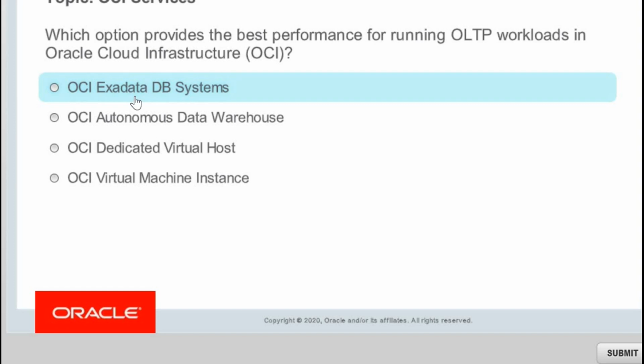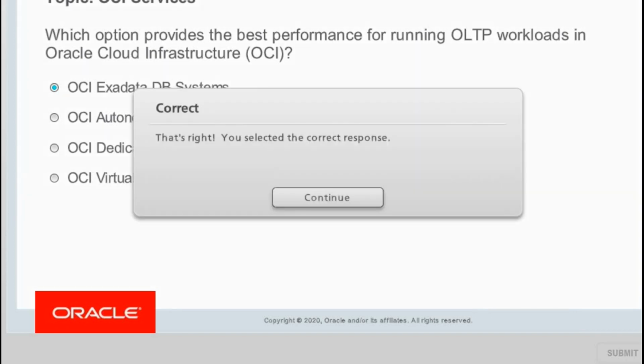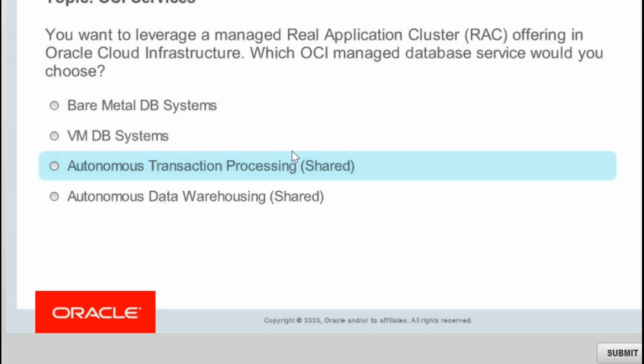So with respect to the OLTP workload, the best performance I would say is ExaDB in Oracle Cloud. So I choose that one and see what the answer is. Let me see. So you can see the answer is right. ExaDB is used for OLTP, which is online transaction processing. So always go with ExaDB in case of OLTP.